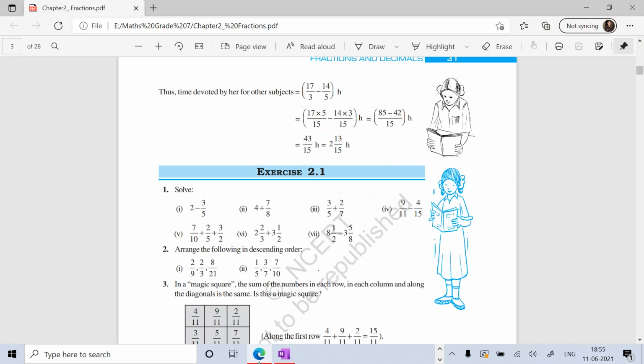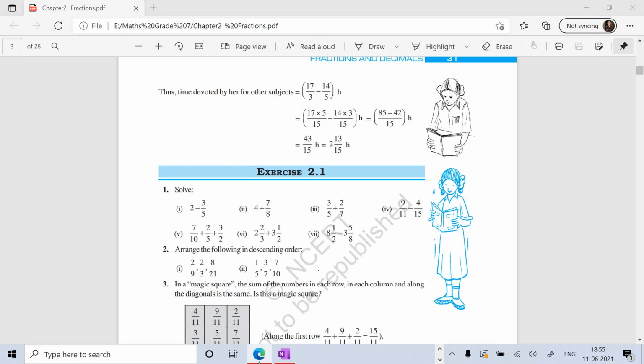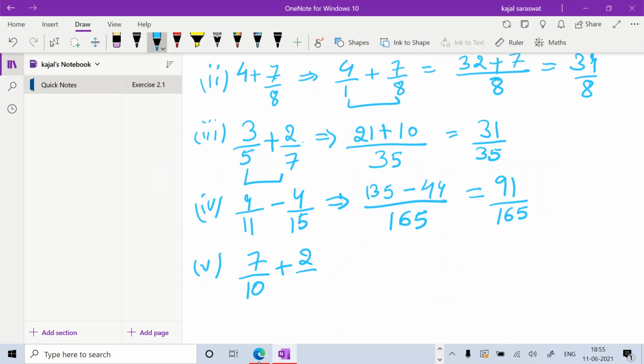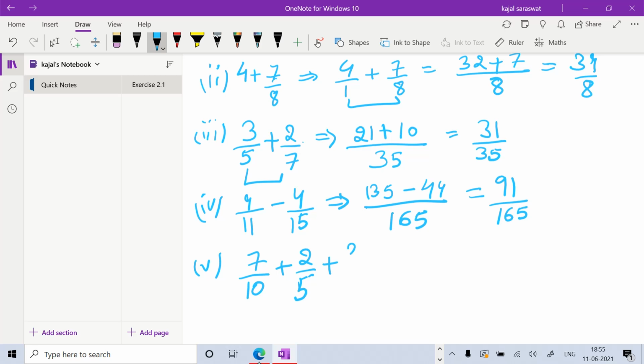Next question is 7 upon 10 plus 2 upon 5 plus 3 by 2. Now we have to take the LCM of all the three numbers, and the LCM here is 10. So here we have to do it the same way, whether it is two numbers or three fractions, the method is the same.